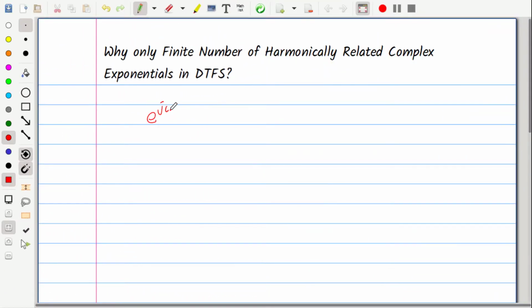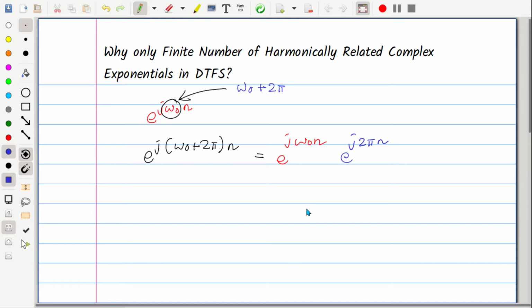Consider our discrete time complex exponential signal e^(jω0n). Instead of the fundamental frequency ω0, just substitute ω0 plus 2π. Now we can expand it like this: e^(j(ω0+2π)n) is equal to e^(jω0n) into e^(j2πn).